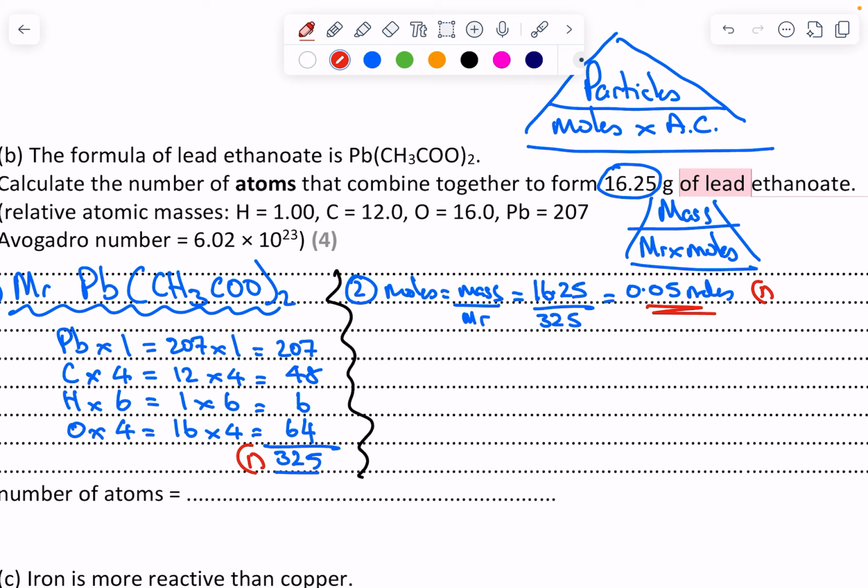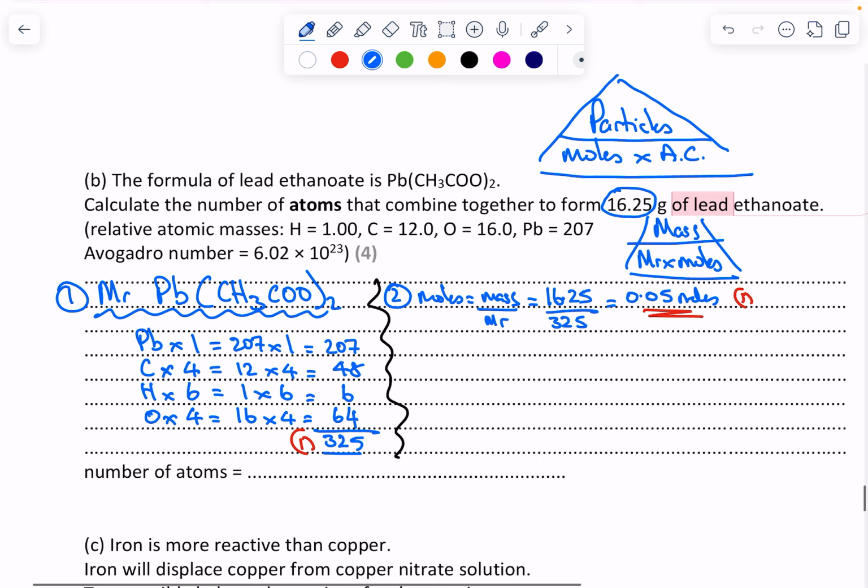Next step is to work out from that the number of molecules, or number of particles, inside the lead ethanoate. So calculate number of atoms combined to form this. Okay, so to do that, step 3, we would normally use the triangle up here, so we want to work out the number of particles.